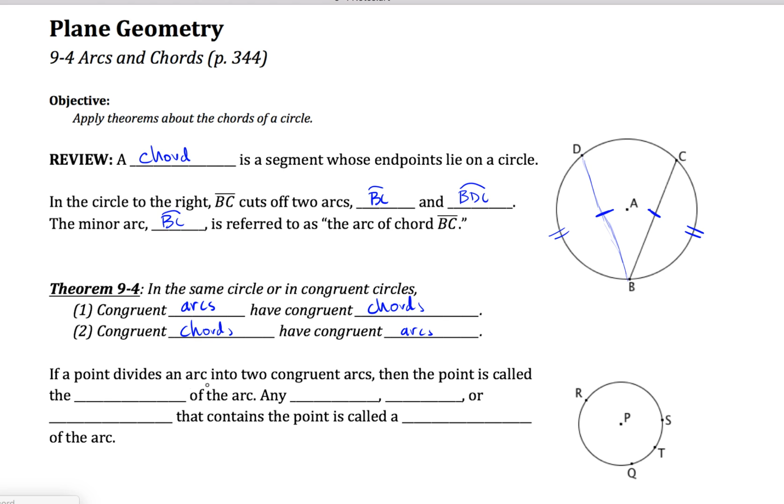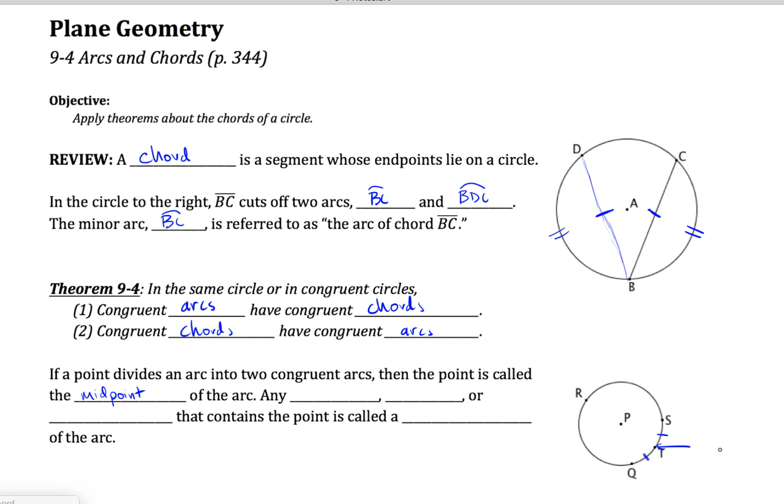Next up, we've got another little definition. It's a word that we've used before, but not in this context. If a point divides an arc into two congruent arcs, so if I look at this diagram, and let's say that point T divided arc SQ into congruent arcs ST and TQ, then point T would be called the midpoint of the arc.